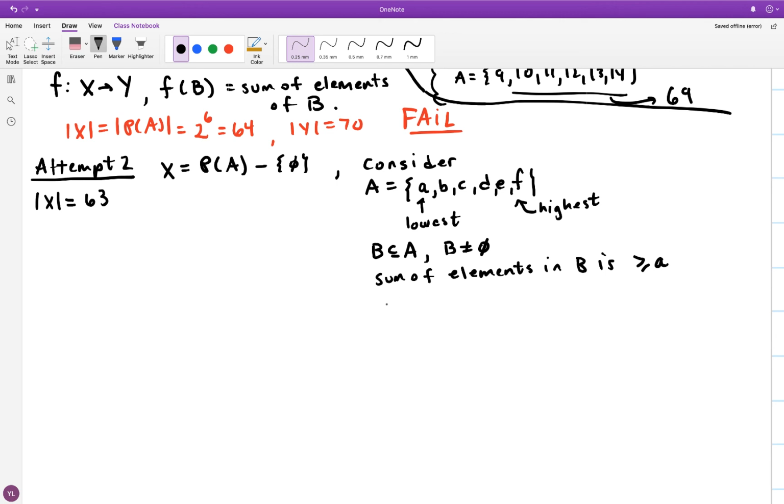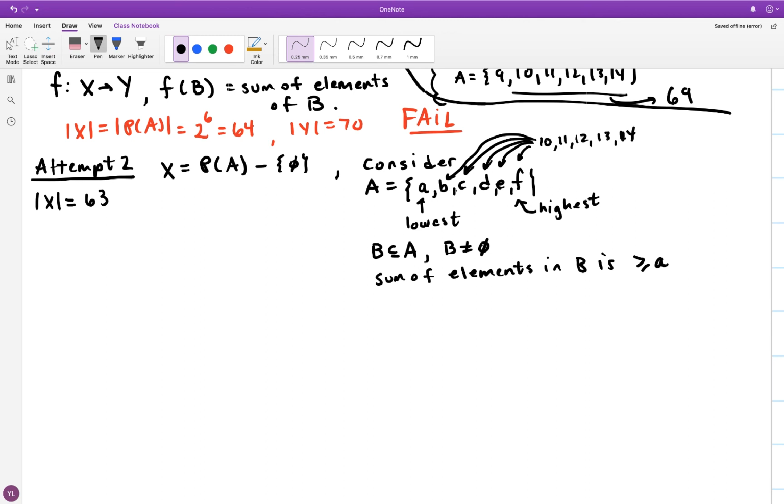So let's think about how big B could be. Well, if the numbers in the set, other than the lowest, were as high as possible, like 10, 11, 12, 13, 14, right?